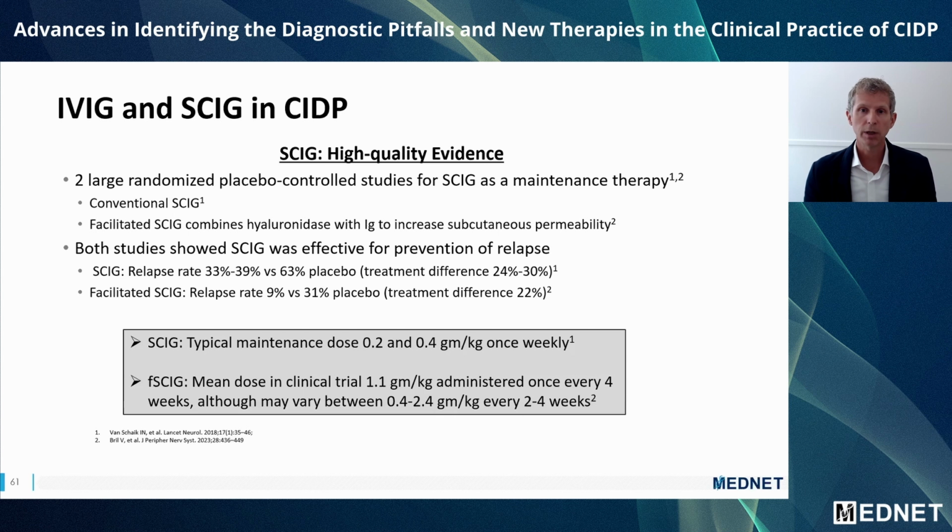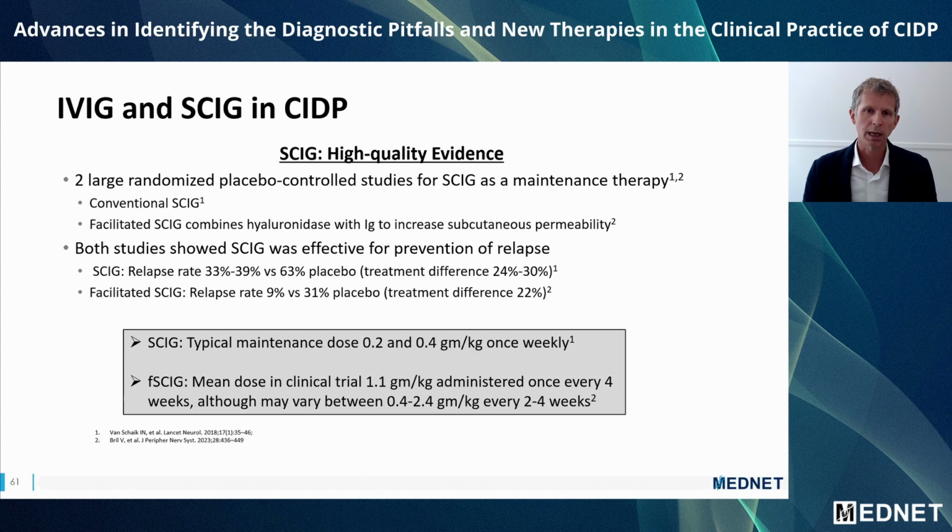For subcutaneous IG, we also have pretty good data. There's 2 large randomized placebo-controlled trials. Both studies were designed the same way, where patients were randomized to either one of the subcutaneous IGs or placebo, followed over time, and they're looking at relapse rates. The difference in the two trials was that one drug was a straight up subcutaneous IG product. The other was subcutaneous IG combined with hyaluronidase, which is called facilitated IG.